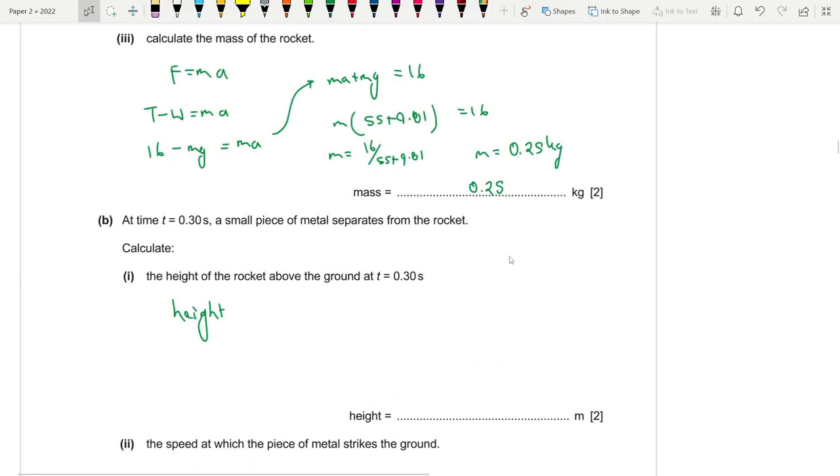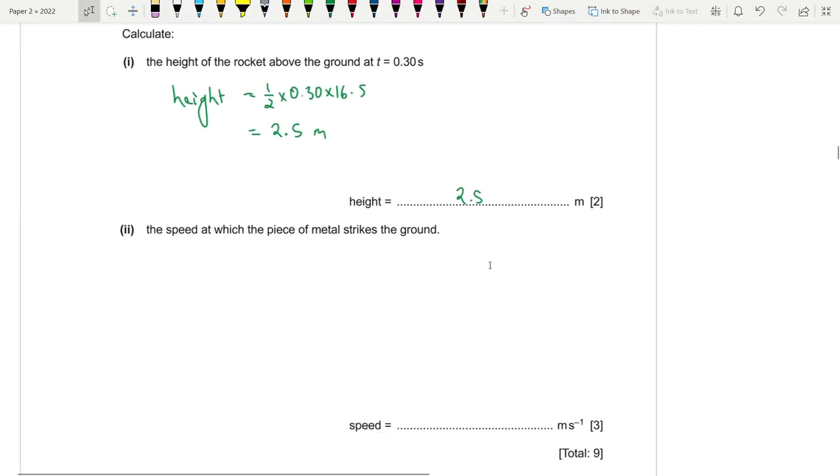Height equals the area under the graph, half into 0.30 into 16.5, which gives you a value of 2.475. So rounded off to 2 significant figures, 2.5 meters. But I'm going to use the exact value if we require it in the next part.